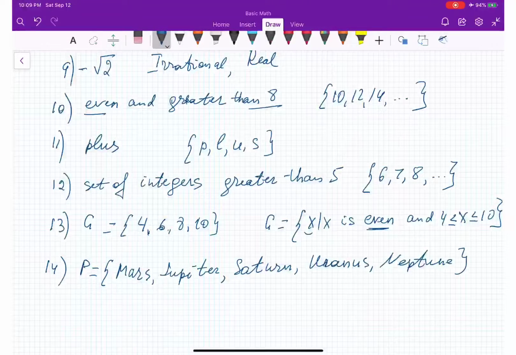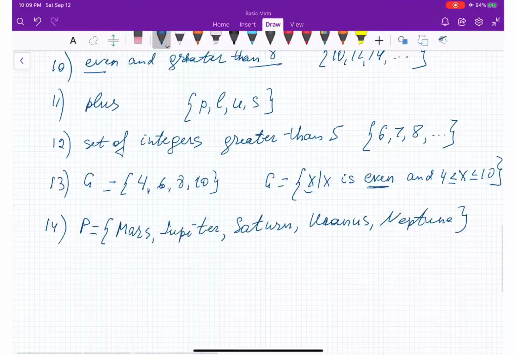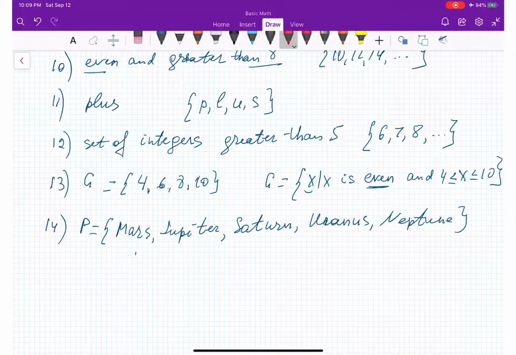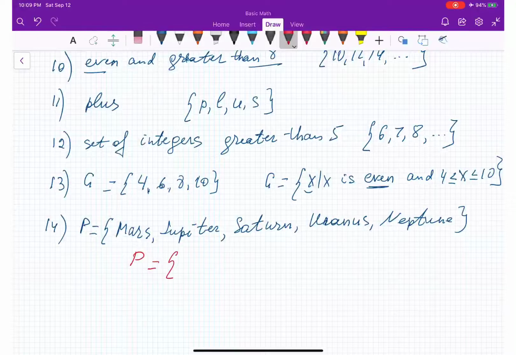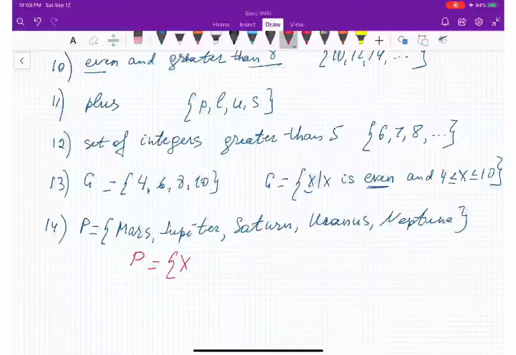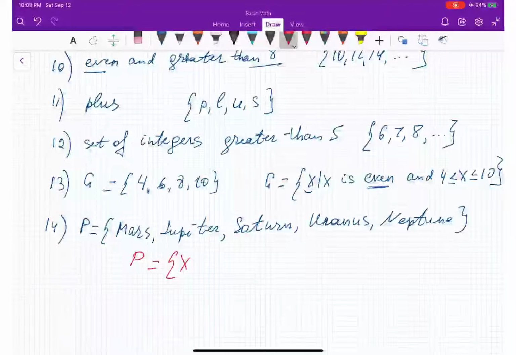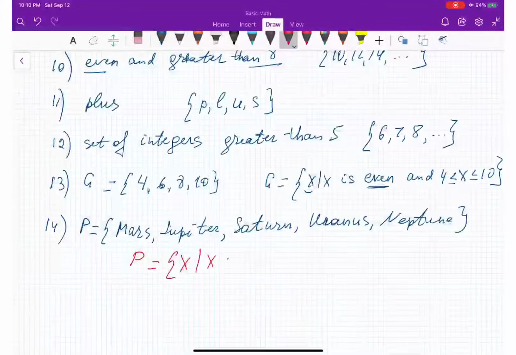To write it down in set builder notation, we are going to put it this way. So P, this is the answer, P is equal, we are replacing with X because this X can be Mars, Jupiter, Saturn, Uranus, Neptune. And X is, explaining what X is, a planet.